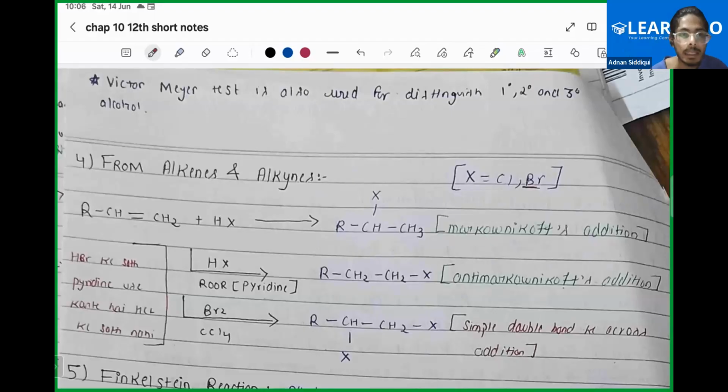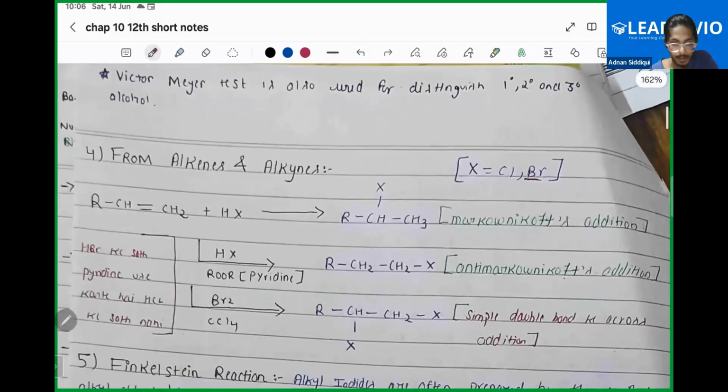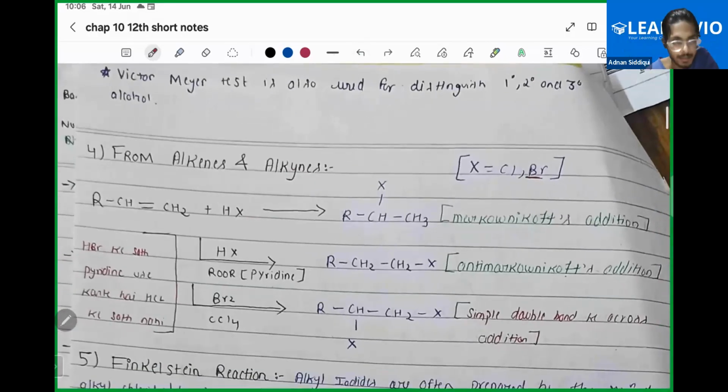If you are having alkenes as your starting reagent, and you are reacting them with either HBr or HCl, then you will get a haloalkane. X could be chlorine or bromine. And see, if you are using only HX with no additional solvent, then the addition is going to be Markovnikov addition.